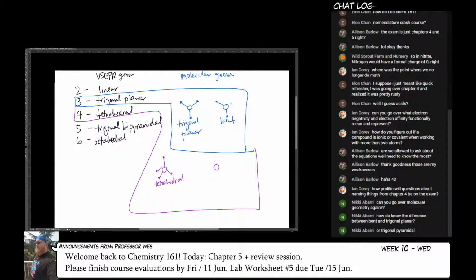Or one of those could be an electron pair, and that's trigonal pyramidal. Or I could have 2 electron pairs, and then that would also be bent.